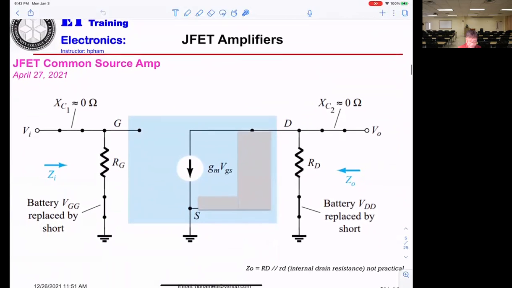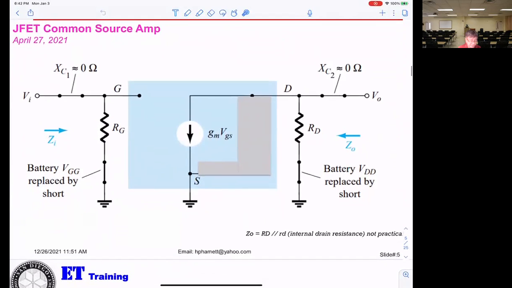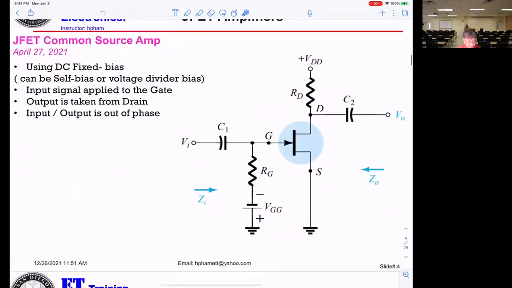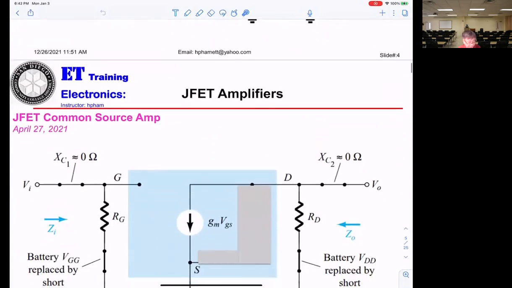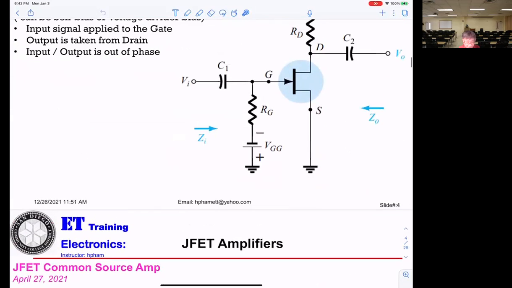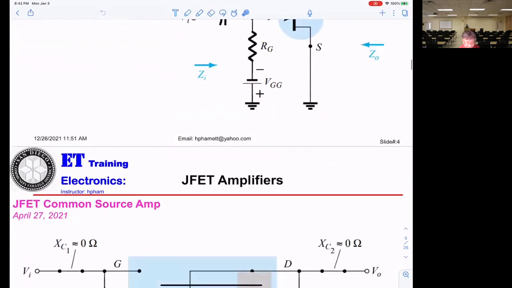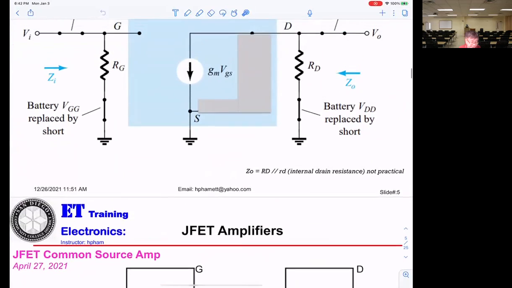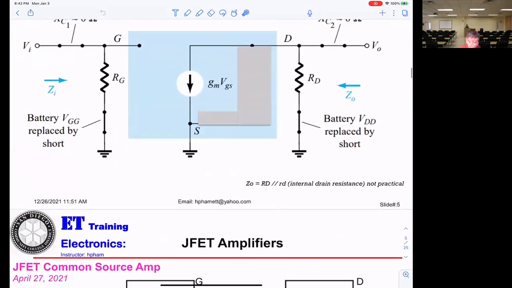Now, you see, I converted the circuitry to AC. First thing, you don't see any capacitor here anymore. You see this capacitor C1, no more. For AC, they just shorted it. And the DC power supply battery, minus VGG here, you cannot see any VGG. They short it to the ground.